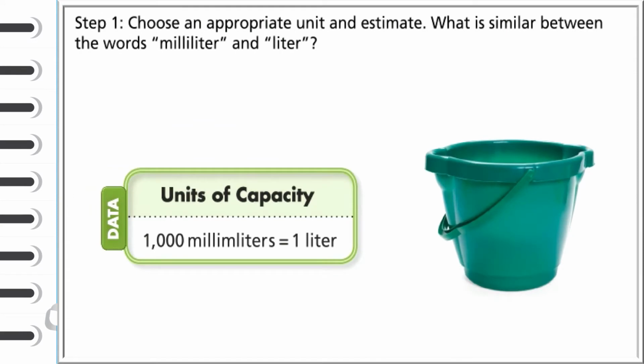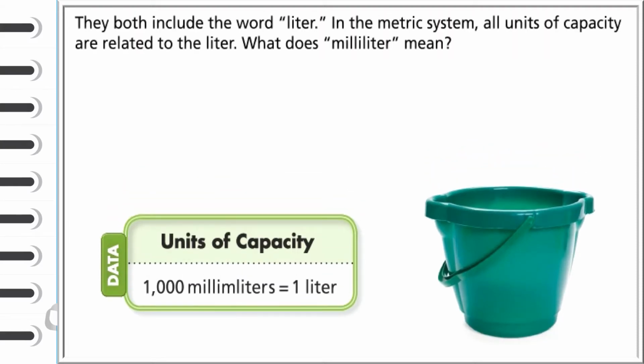Step 1. Choose an appropriate unit and estimate. What is similar between the words milliliter and liter? They both include the word liter. In the metric system, all units of capacity are related to the liter. What does milliliter mean?